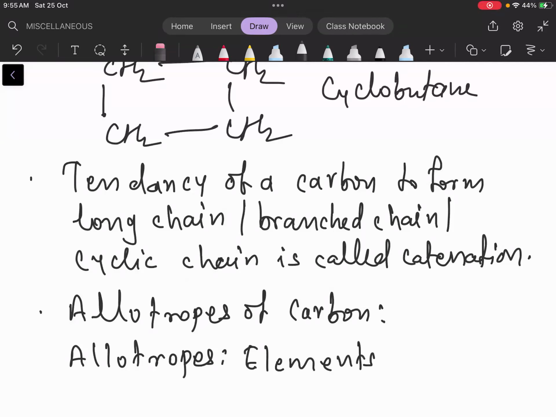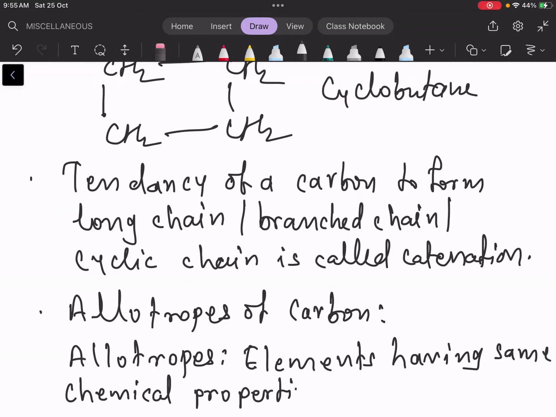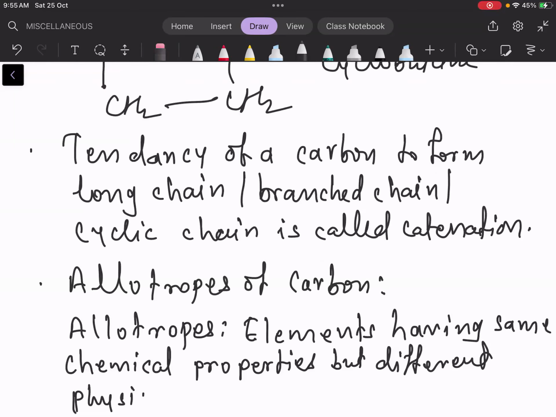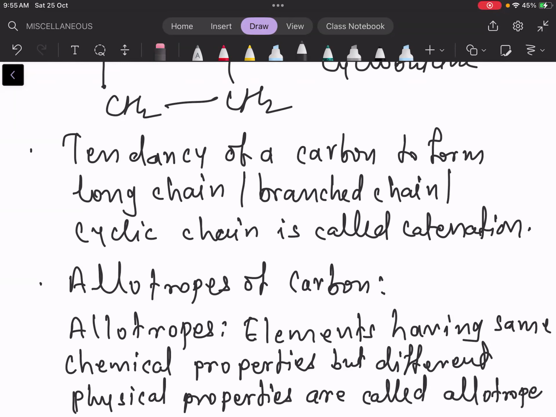Elements having same chemical properties but different physical properties are called allotropes.